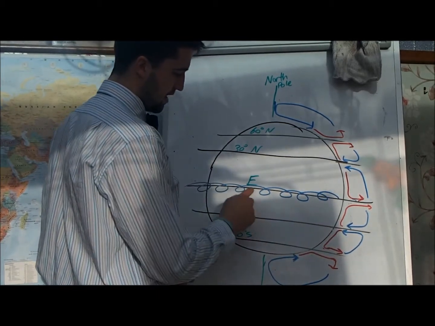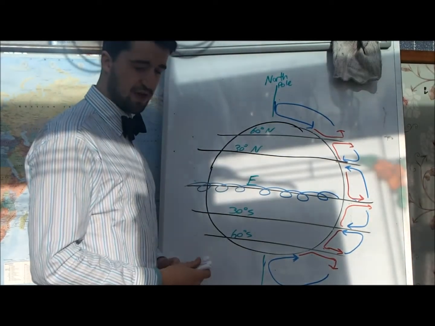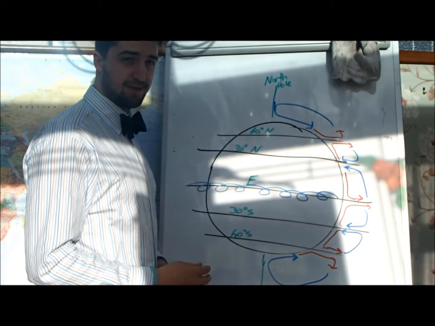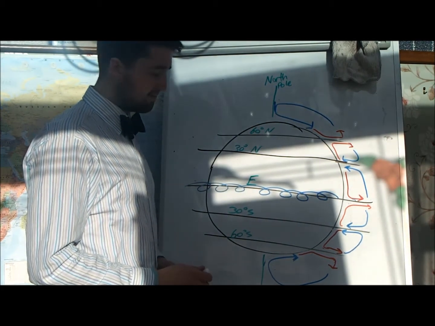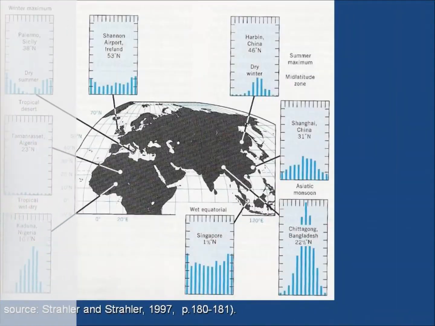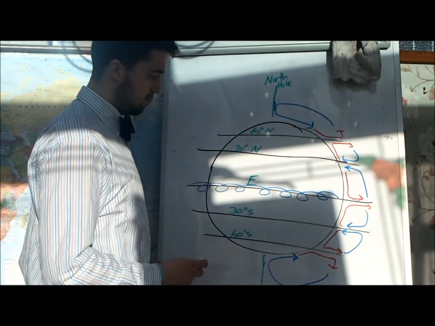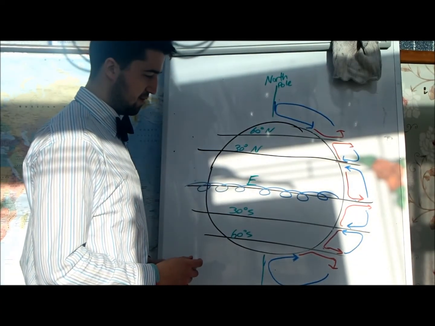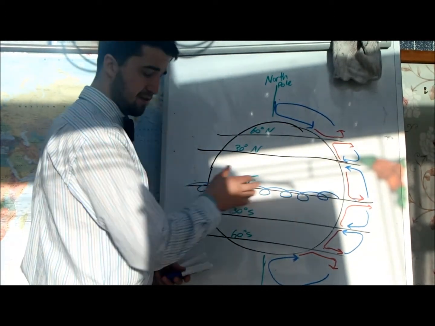In these areas, very close to the equator, we have high vegetation rates, which also means a high precipitation and evapotranspiration rate, as well as a lot of vegetation.